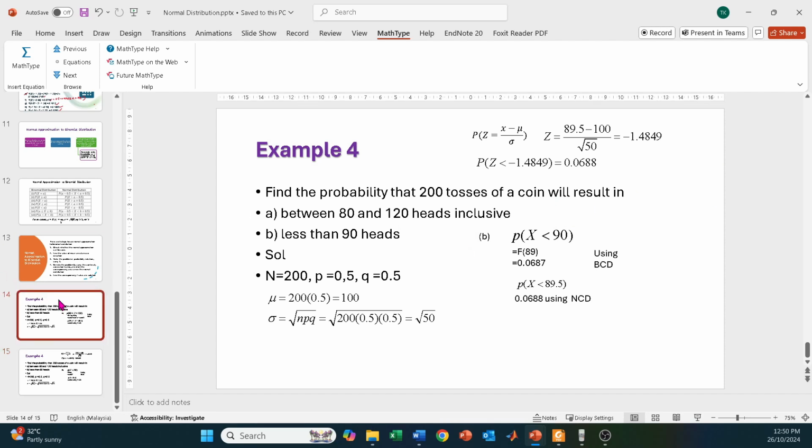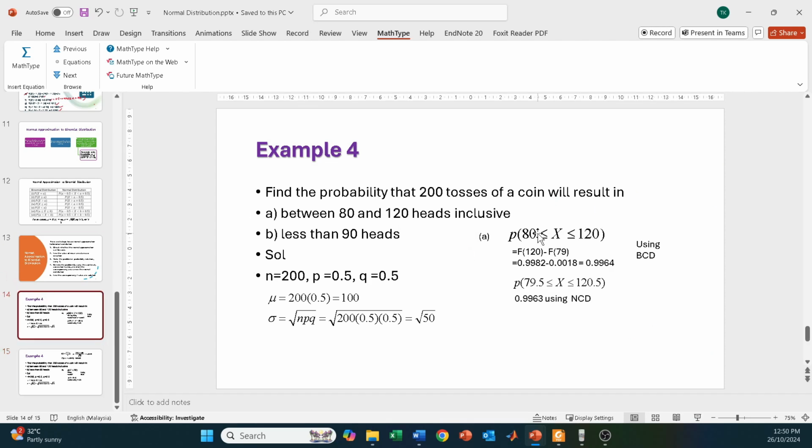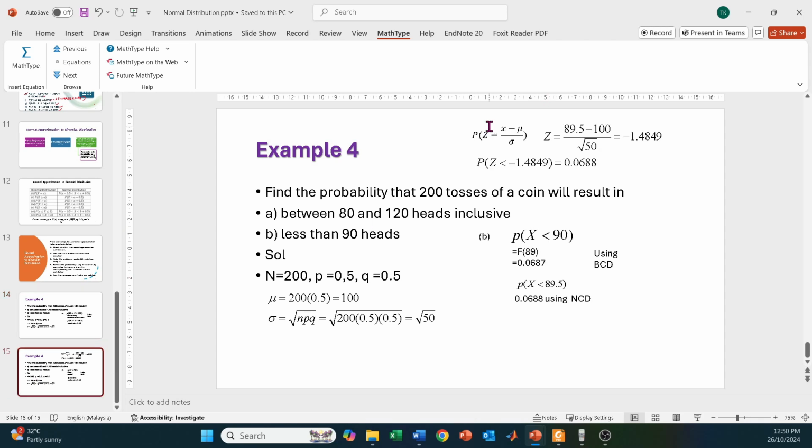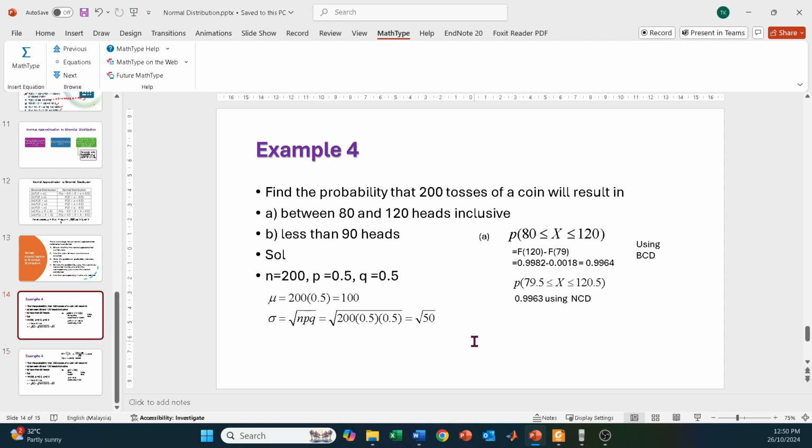Same thing for this one. If you want to convert to Z, you can, but I would like to keep it in X, no need to calculate the value of Z. Using the scientific calculator, I just key in the lower bound, upper bound, then the mean 100 and sigma square root 50.